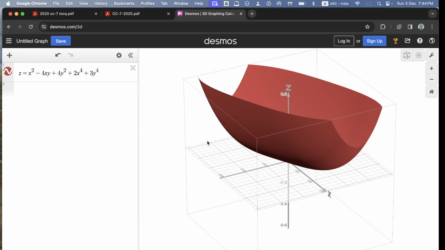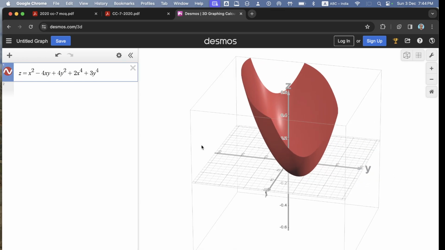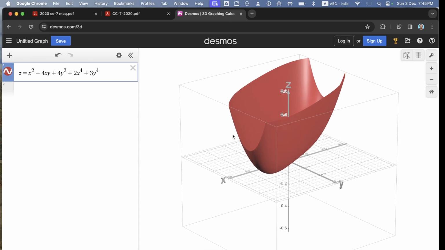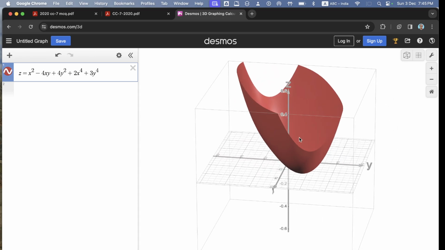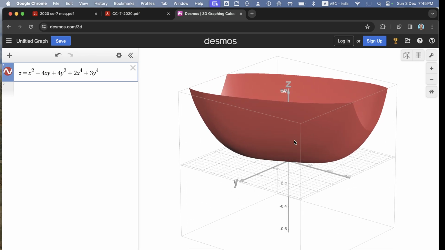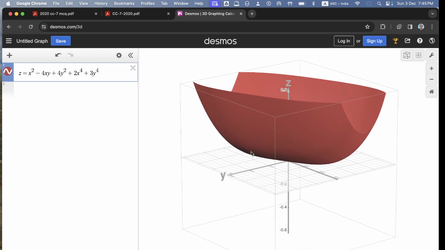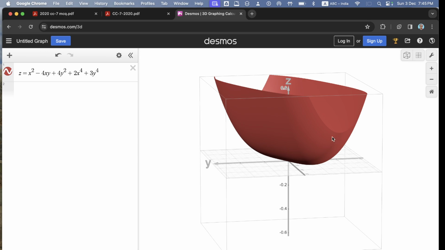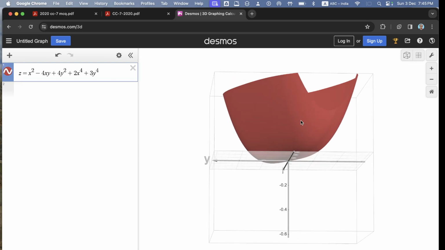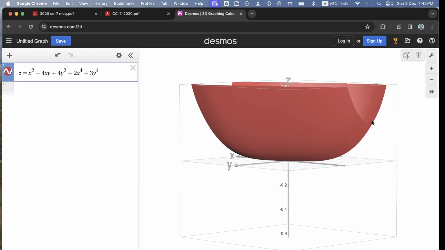Obviously, from the Desmos 3D graph we get a three-dimensional surface, and we find that (0, 0) is the minimum value for this curved surface, which is equal to 0.